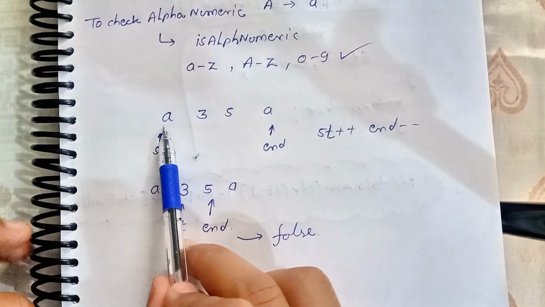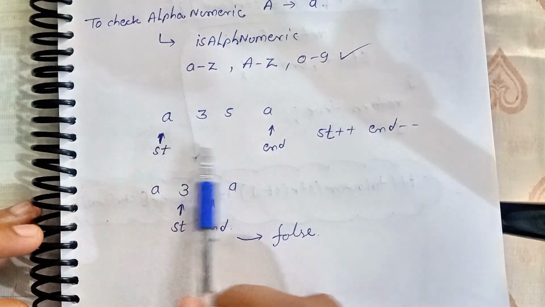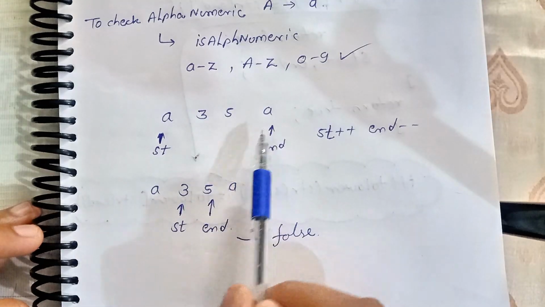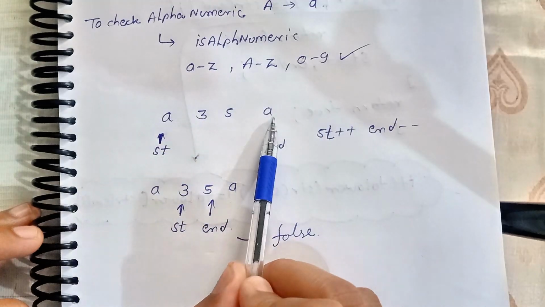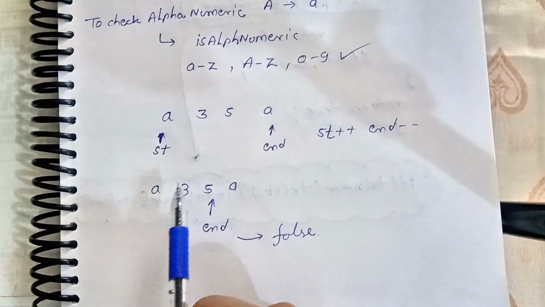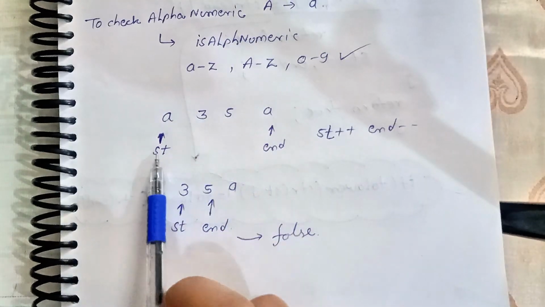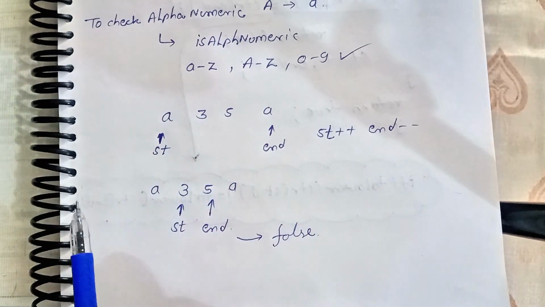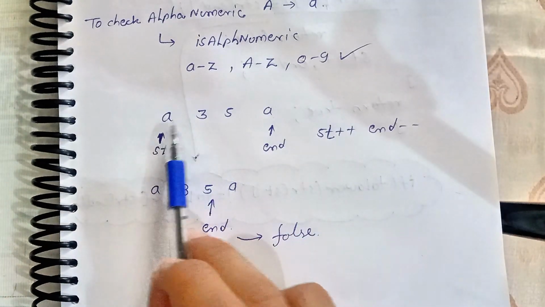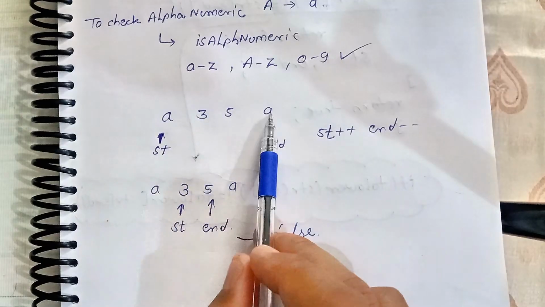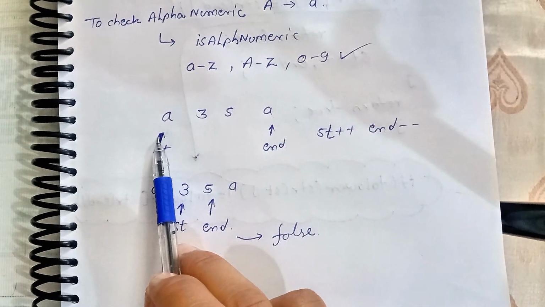So here we have one example, A35A. Here we are at the starting point and here we are at the ending point. Now we will check is this a palindrome or not.